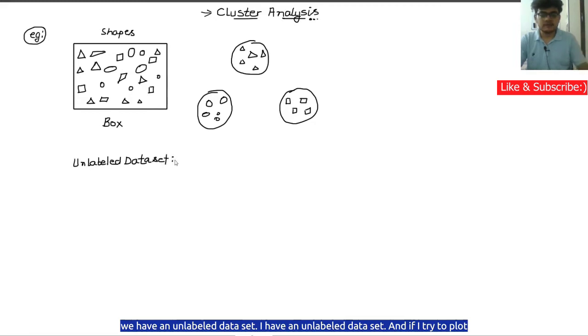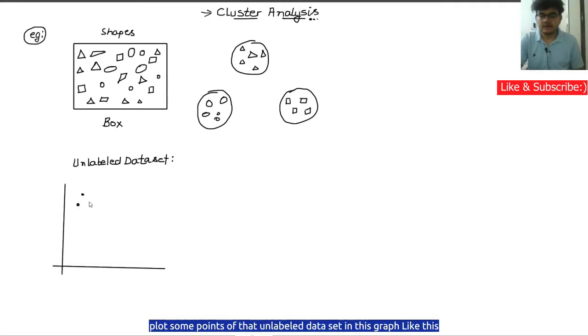If I try to plot that dataset in a graph like this, let's suppose this is my graph, and I will try to plot some points of that unlabeled dataset in this graph like this, and I will also make some points here.